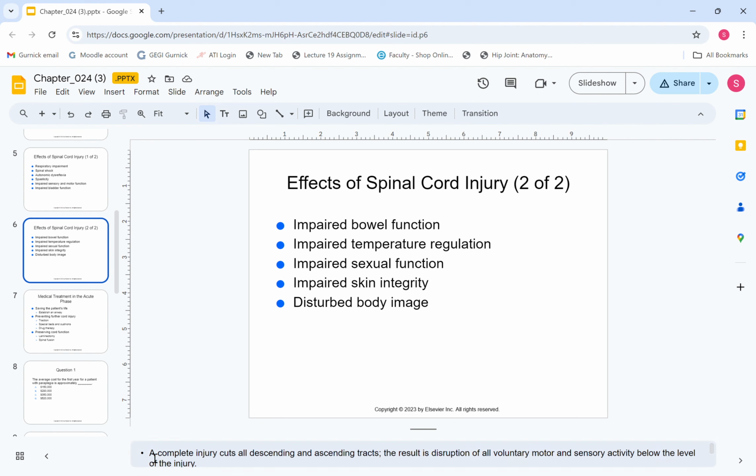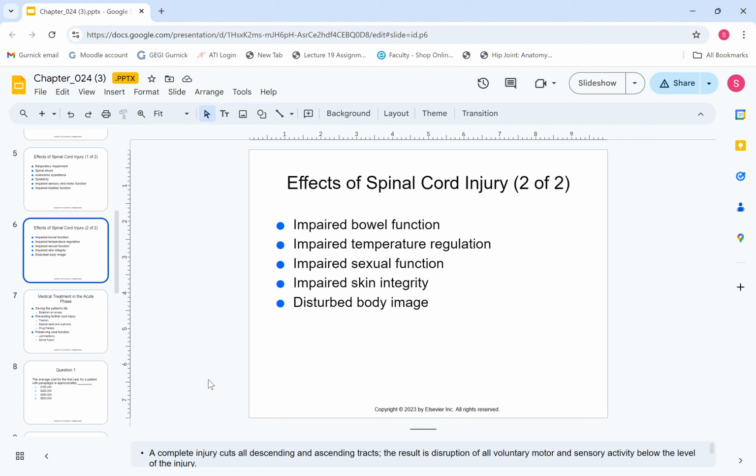The notes down here at the bottom say a complete injury cuts all descending and ascending tracts. The result is disruption of all voluntary motor and sensory activities below the level of the injury. Your ascending tracts are bringing impulses from your skin and other sensations up to your brain.